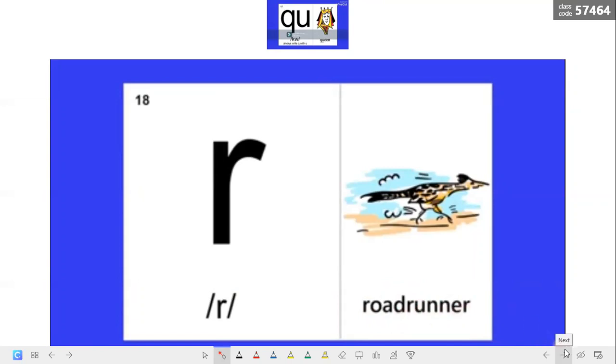Notes. Listen carefully and repeat. 18. Road runner. This is the American pronunciation. In British English we say road runner, runner.